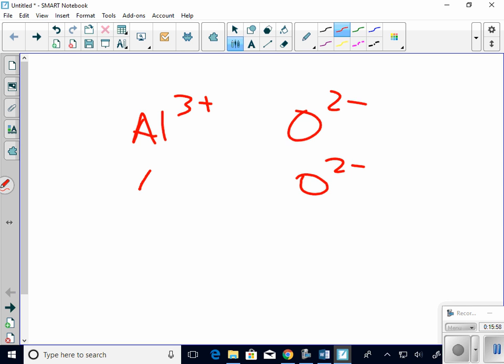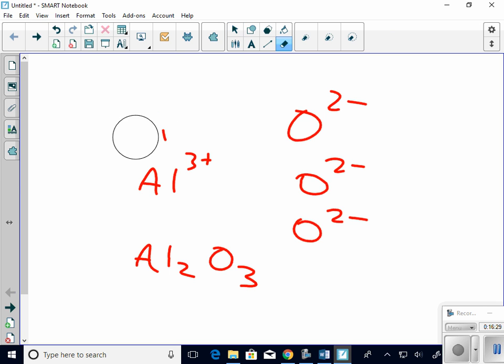So I just keep adding these until I get my charges equal. Now are my charges equal? Yes. So I needed 2 aluminums and I needed 3 oxygens to get those charges equal. Okay. It doesn't matter to me what way you do it. Eventually, you'll be able to just look at it and say, okay, here's how I'm doing it. This is what it is.